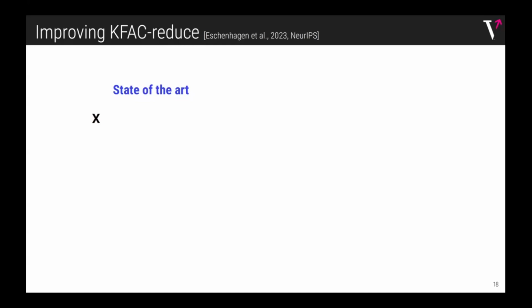So people like me who are working on second-order methods often have to do more exotic operations, and these are not always well supported by libraries like PyTorch or JAX. The way one would compute KFAC in a state-of-the-art implementation would be to take the input to the convolution, extract the patches and align them into a matrix, then average the patches, and then take the outer product of that.